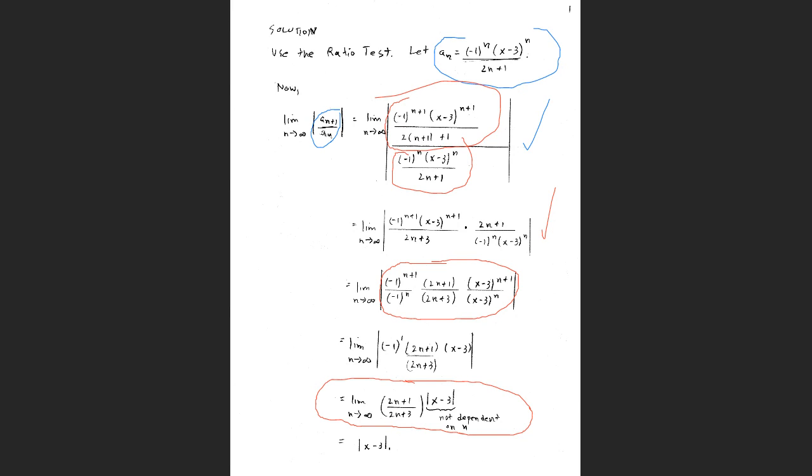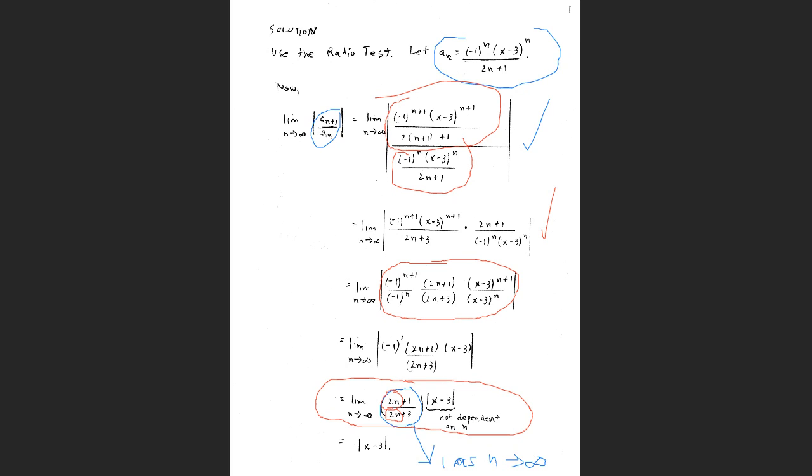And as n goes to infinity, the (2n + 1) over (2n + 3) goes to 1, because the 1 and the 3 aren't going to matter as n gets large. Basically, as n gets large, you have a ratio of approximately 2n over 2n, which is 1.